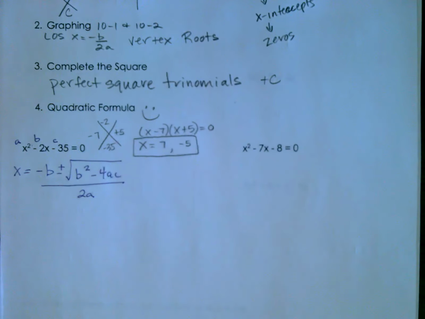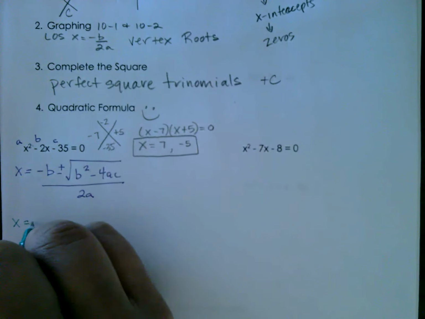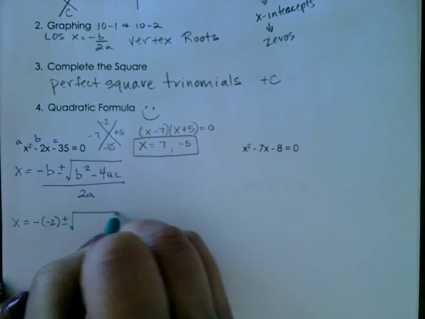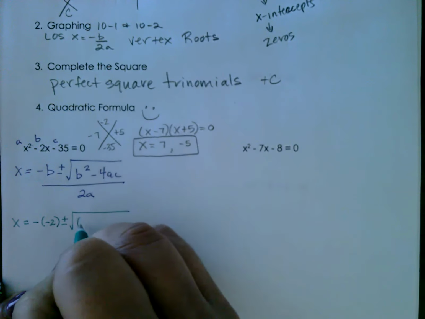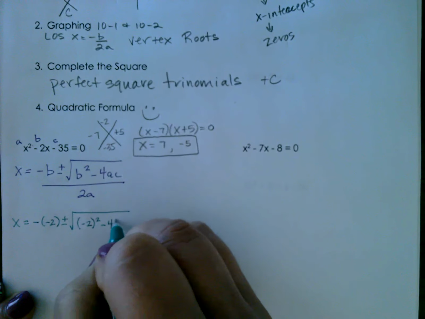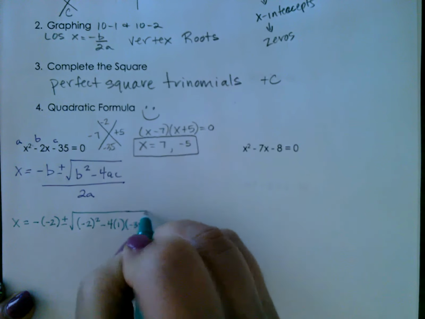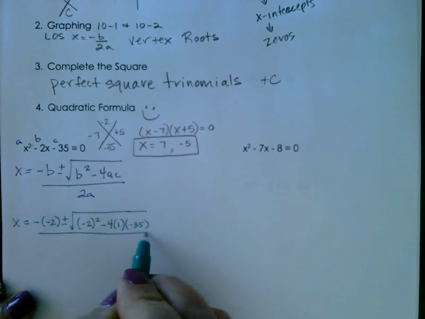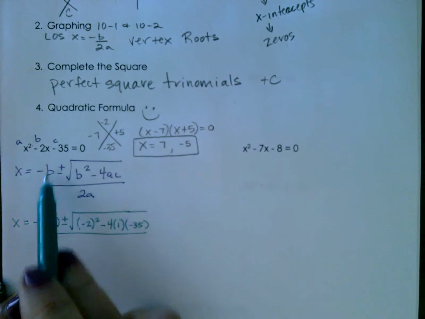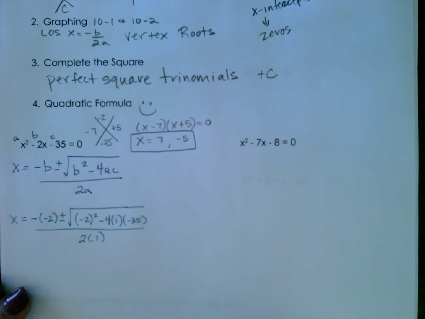The first thing I like to do is substitute numbers in for letters, being very careful with all of my negative signs. So I have -2 squared minus 4 times 1 times -35. I just keep looking up at this equation, substituting numbers in for the variables, and then 2 times a.